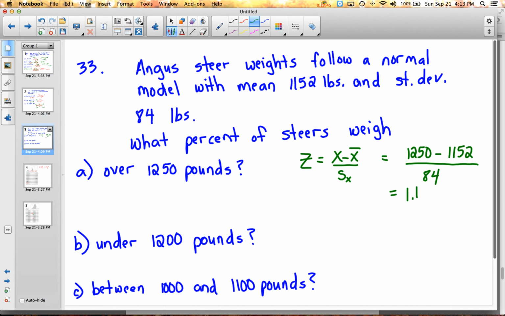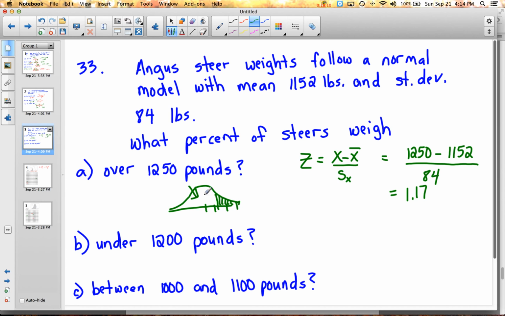So now I'm going to draw my picture. Don't forget to draw a picture, because that's really going to help you make sure you remember if you're supposed to subtract from 1 or not. So I'm looking for 1.17, so it's about here. I want over. So I'm going to be looking up the value of 1.17, and since it's above, I'm going to have to subtract from 1 to figure out this.